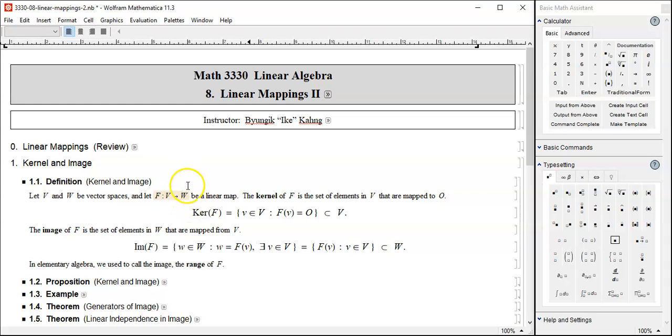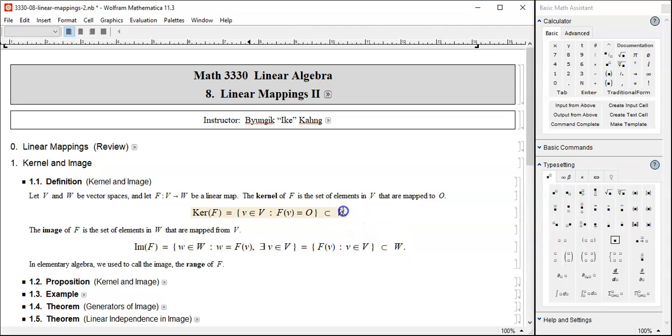Excuse me, the target is a vector space. So the term value is not very good, even though I can still use it. The term I prefer to use is image. So this is image set or image space, and this is an image vector because it belongs to a vector space. It's a vector and it's f of something, so it's an image vector. So image of f is basically the set of image vectors.